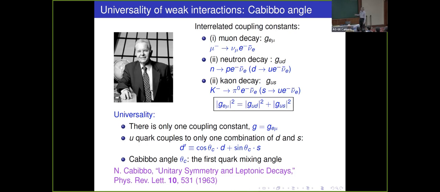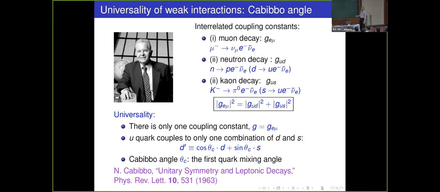Therefore, when the U quark and D quark are coupling, this decay is proportional to GUD, which is cos theta, and when U and S need to couple, this coupling is proportional to GUS, which is sin theta.